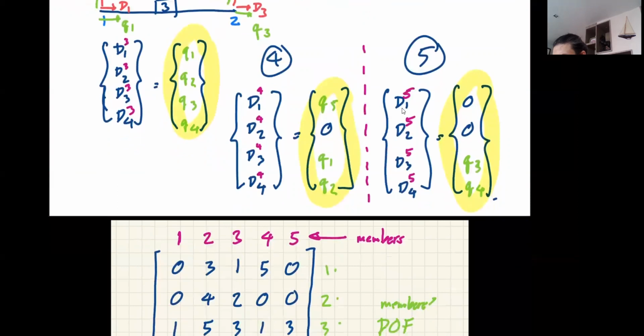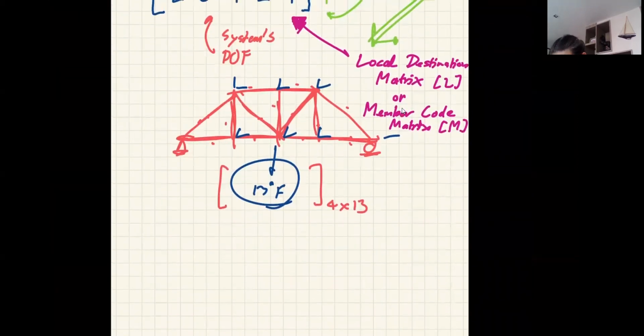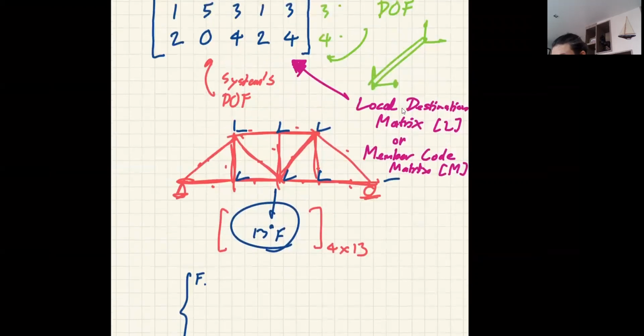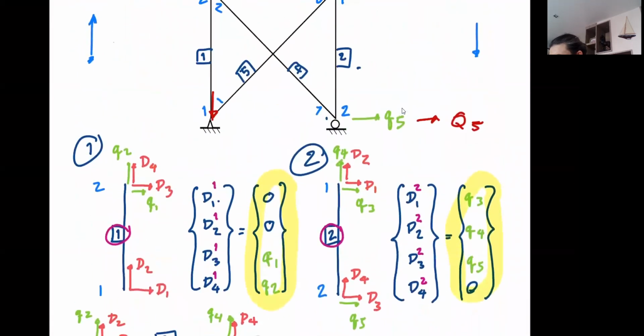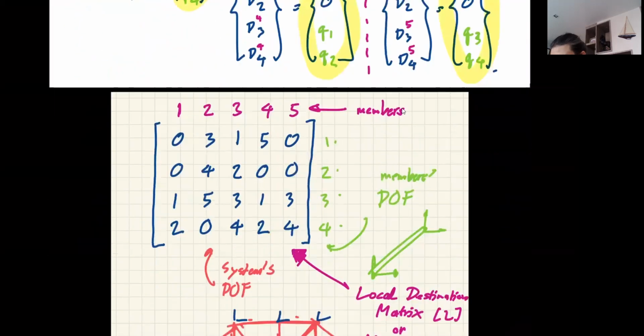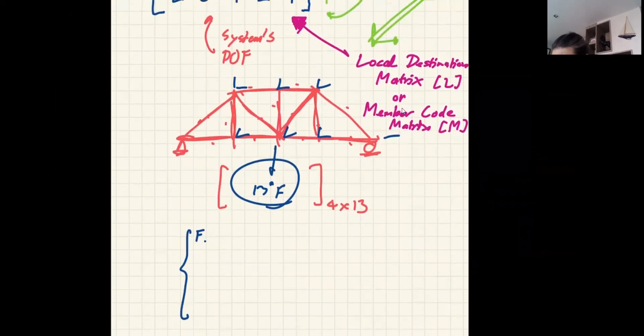So the big picture in terms of the equation, you will have F equal to KD. The force matrix will contain F1, F2, F3, F4, and F5.